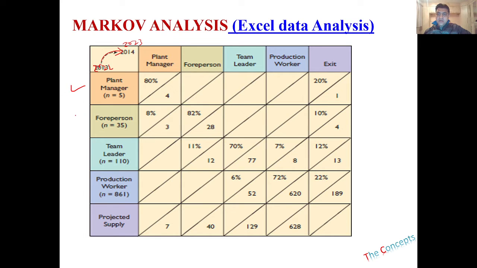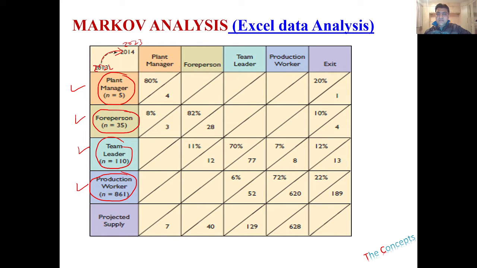These are your job grades or job ranks. So let's say in this example, we have a plant manager. He's the top position. Then you have the foreperson, and then you have the team leader, and then you have the production worker. So these are the 4 levels of jobs that you have in your organization. You can have any number of levels, no matter how many levels you have, the concept will remain the same.